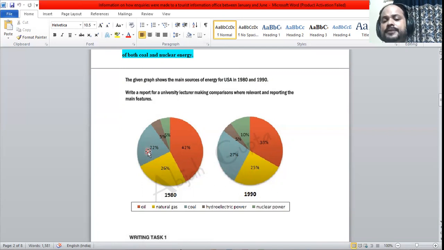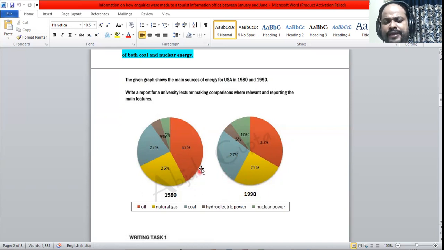Coal went up by 5% from 22%. Energy consumption from nuclear power went up from 5%, it doubled. However, hydroelectric power remained exactly the same. So this is the explanation.